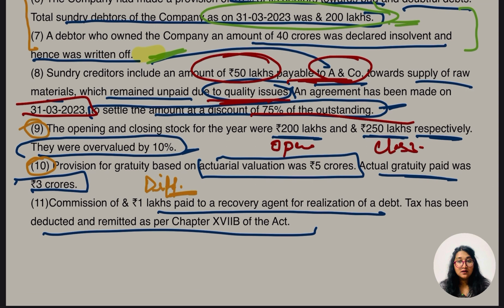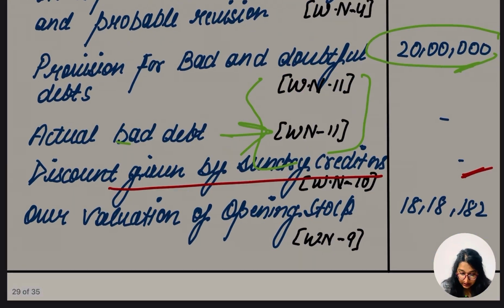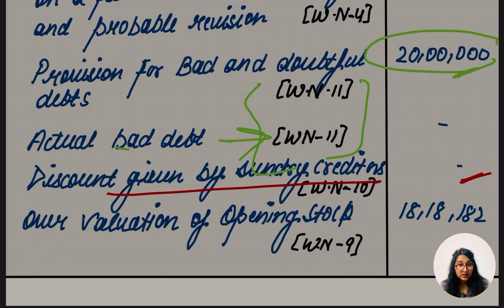Either you can make the adjustment individually or by taking the difference. In this case I have taken the individual. The opening stock overvalued is to be added back, and the closing stock overvalued is to be deducted.